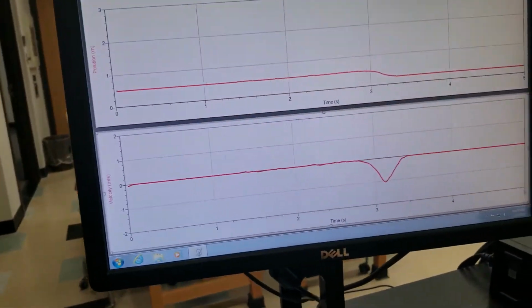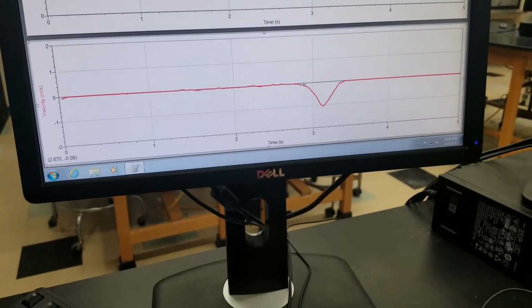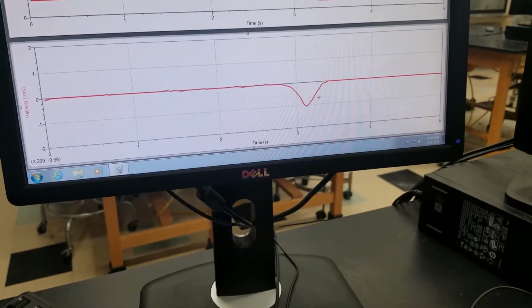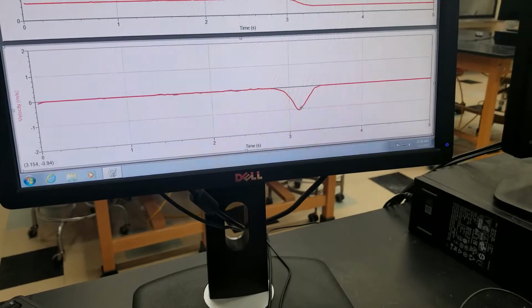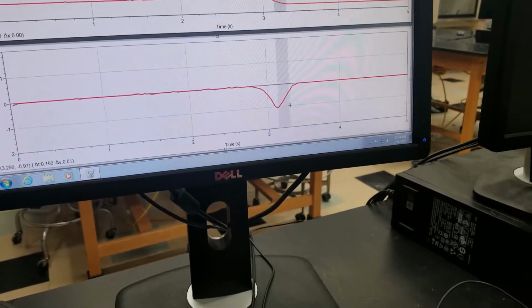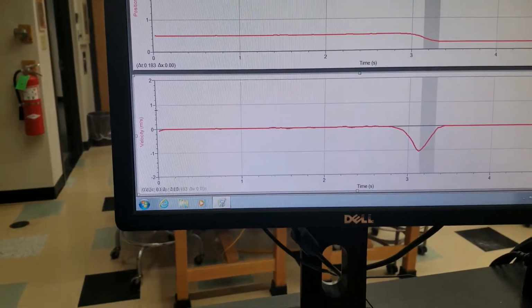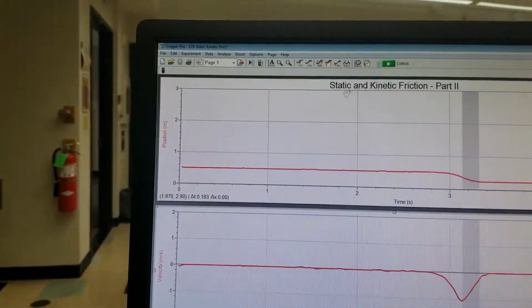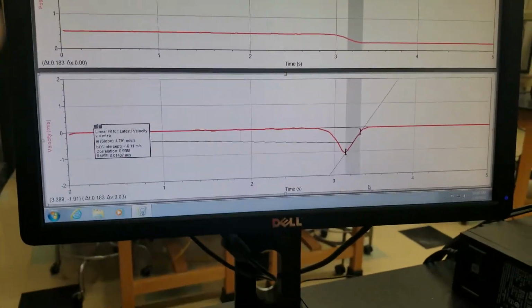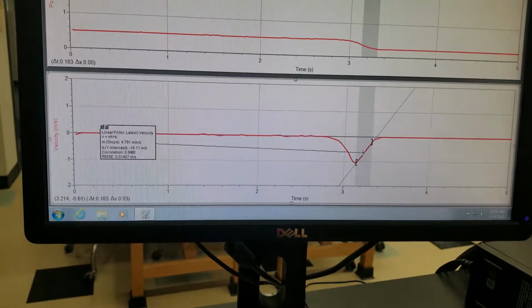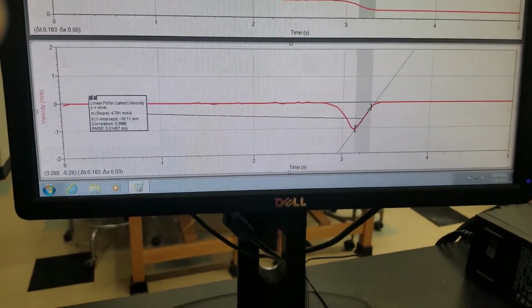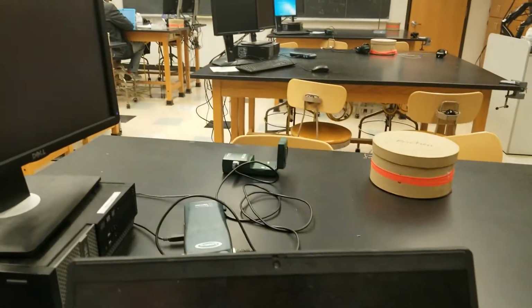Okay, so you have this part, the speed is speeding up, this part slowing down, this part is the part where only frictional force is acting, and this is the velocity time graph. So I'm going to click linear fit, and the slope of this line is the acceleration. So you can apply Newton's second law to this box.